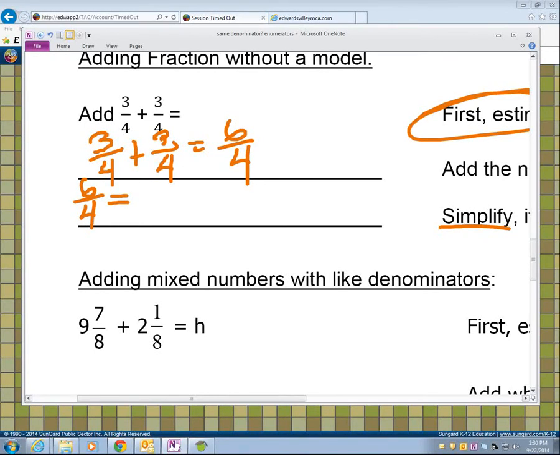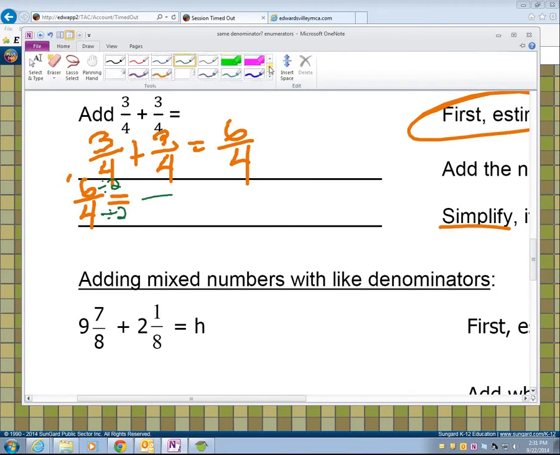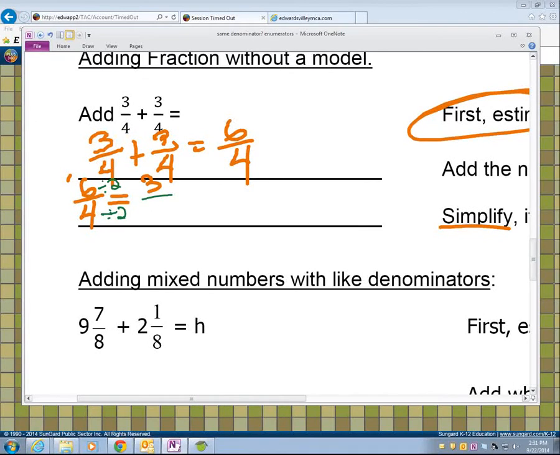If you're dividing, we got to divide this by something. Think of your divisibility rules. What's the first thing that's going to go into it after 1? 2. So 6 divided by 2 is 3. 4 divided by 2 is 2. Good. Now we got it.